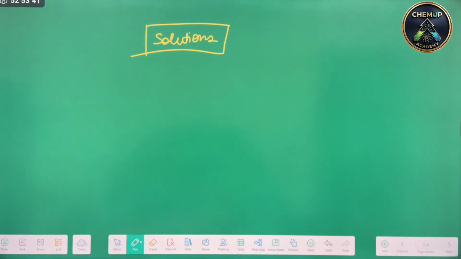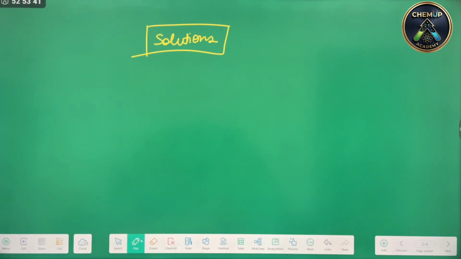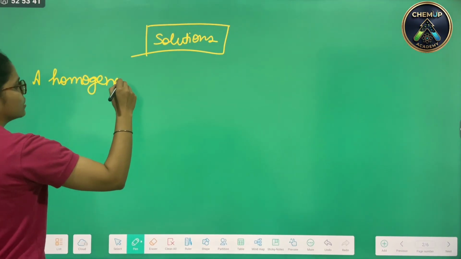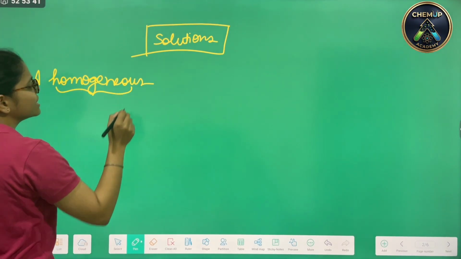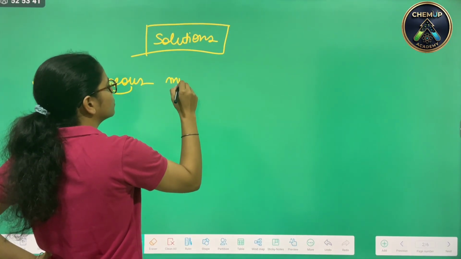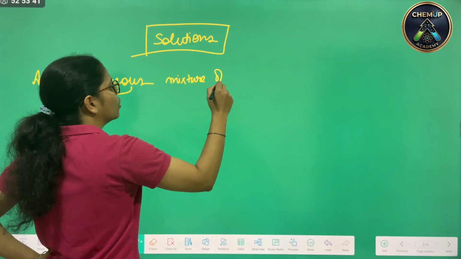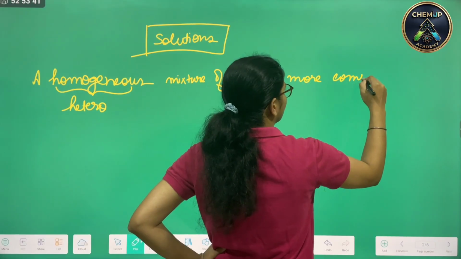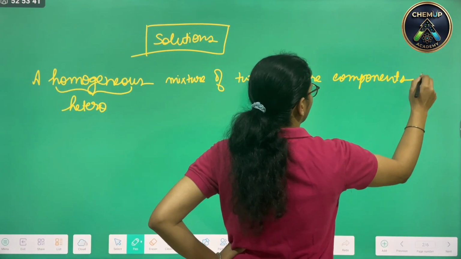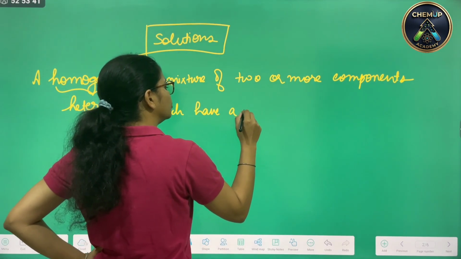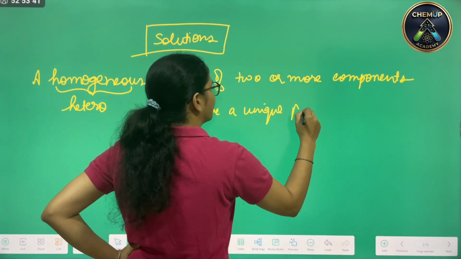So if I write a definition, I can say a homogeneous, or it could be sometimes hetero as well, a homogeneous mixture of two or more components which have a unique property.